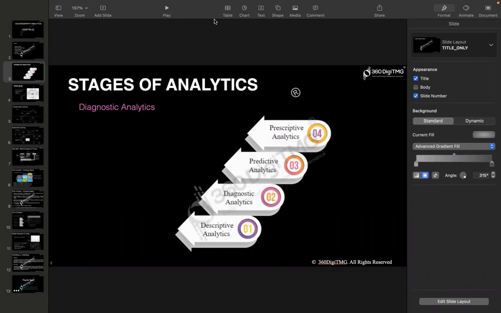It is also called root cause analytics. So this was our diagnostic analytics.